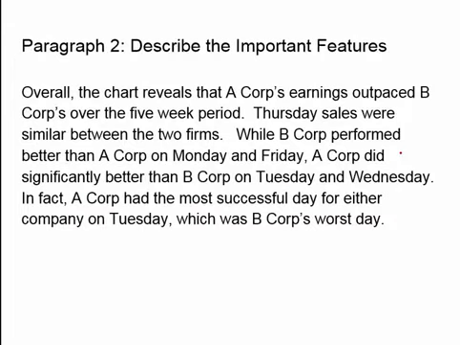So, here is one attempt to report on those features we just discussed. Go ahead and pause your video and read through this paragraph. Okay, so you've read the paragraph. You notice that we did not mention specific numbers. We just reported in our own words the most important features of that visual.